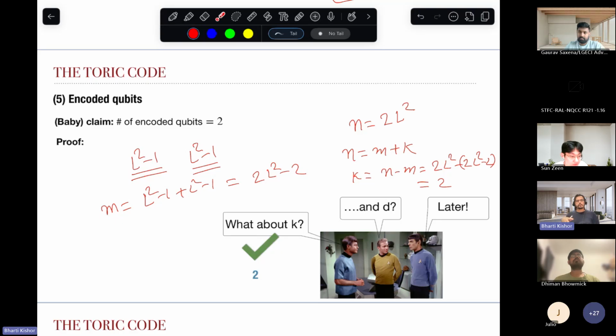So given the stabilizer group, you have to find the centralizer and then get rid of the stabilizer from there. Then whatever operators you are left with, find the weight of the minimal weight operator, and that will give you the distance. We will do the same for the Toric code, and that will give us the distance of the Toric code.